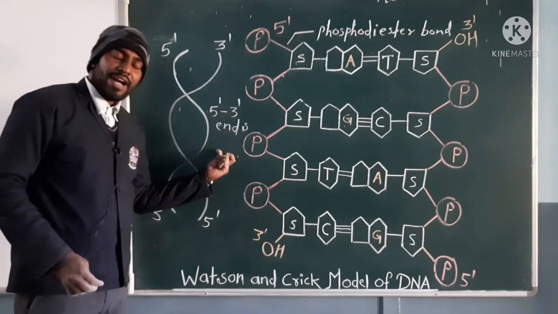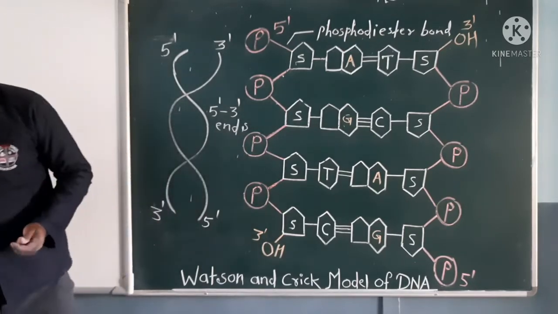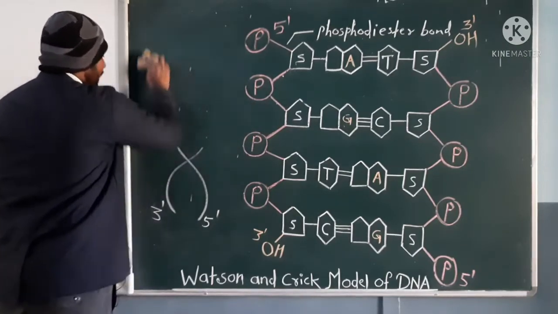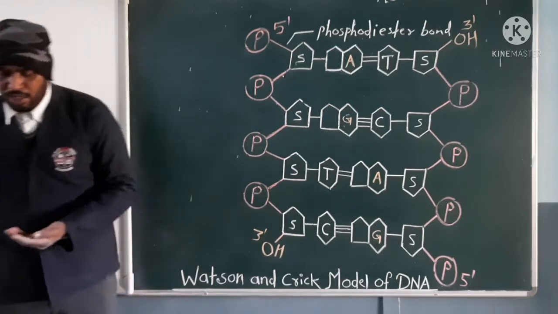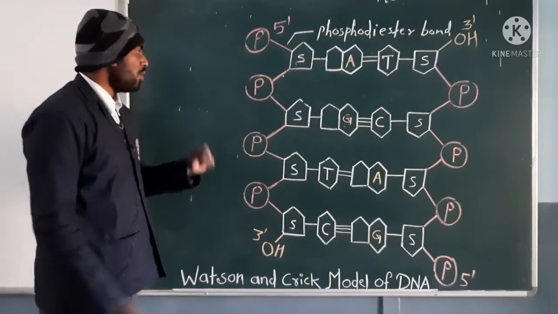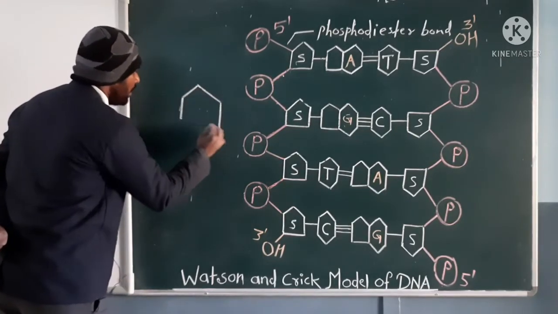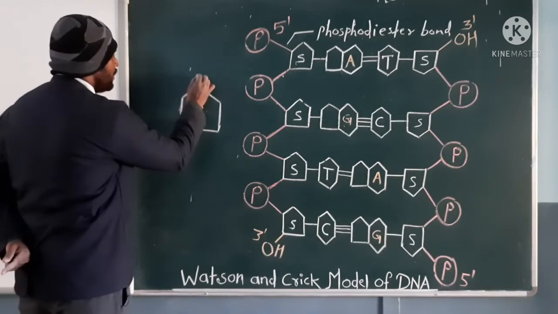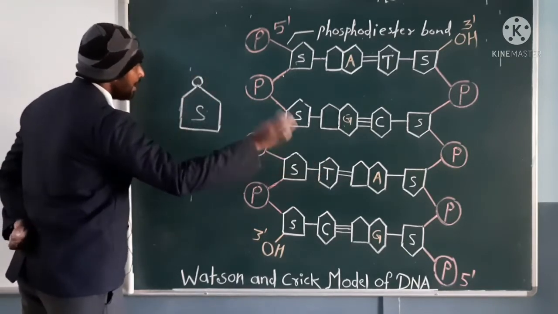Why are these 5 prime and 3 prime ends present in DNA? Let me explain, bachon. At one end of DNA, a free phosphate group is present, which is attached to the 5th carbon of the pentose sugar. See, this is the structure of pentose sugar, with oxygen associated, and carbon numbering starts from the right-hand side.